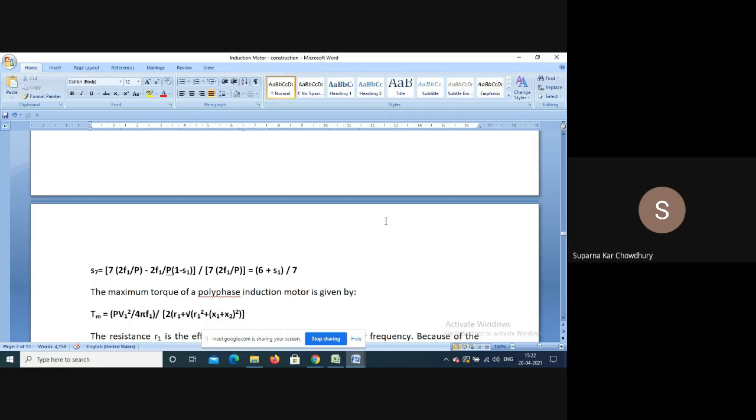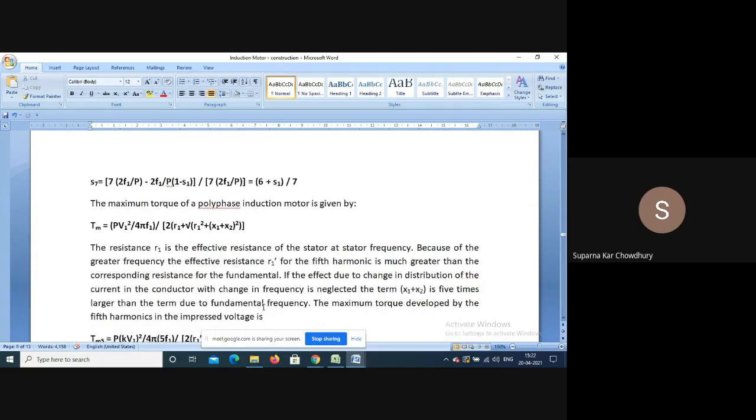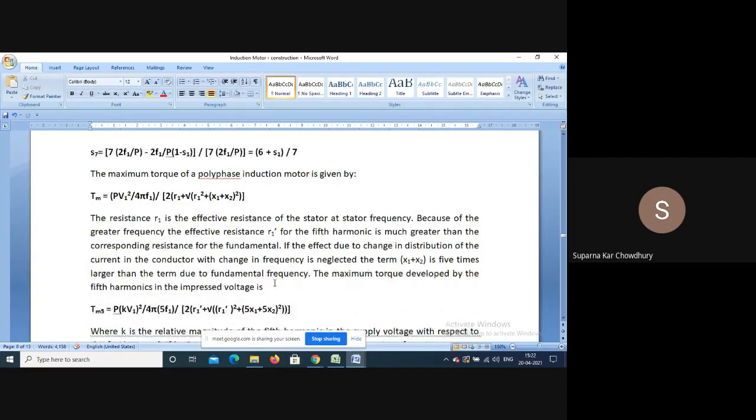Now, let us see what the torque is. Approximate torque for the fundamental, this is the expression. We know that the percentage content of the higher harmonic is lower than the fundamental. So say for the fifth harmonic, it has a magnitude k times the magnitude of the fundamental, where k is a fraction less than 1.